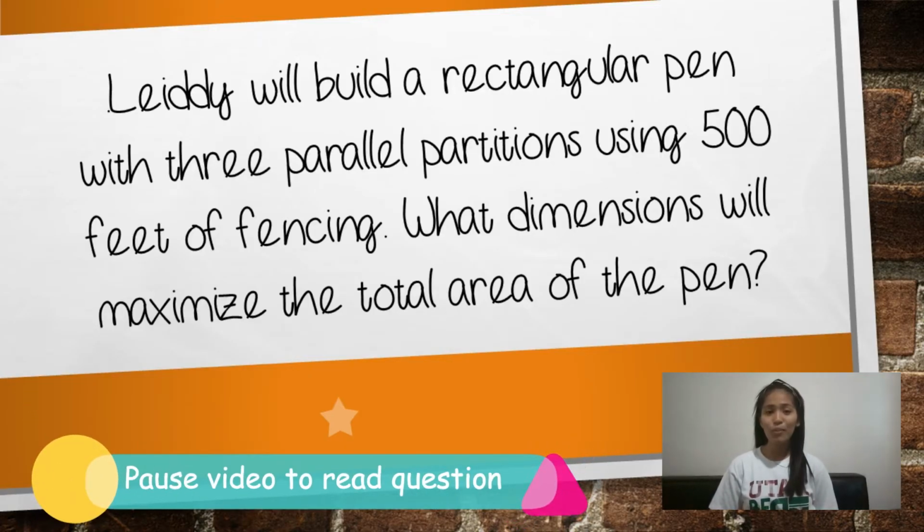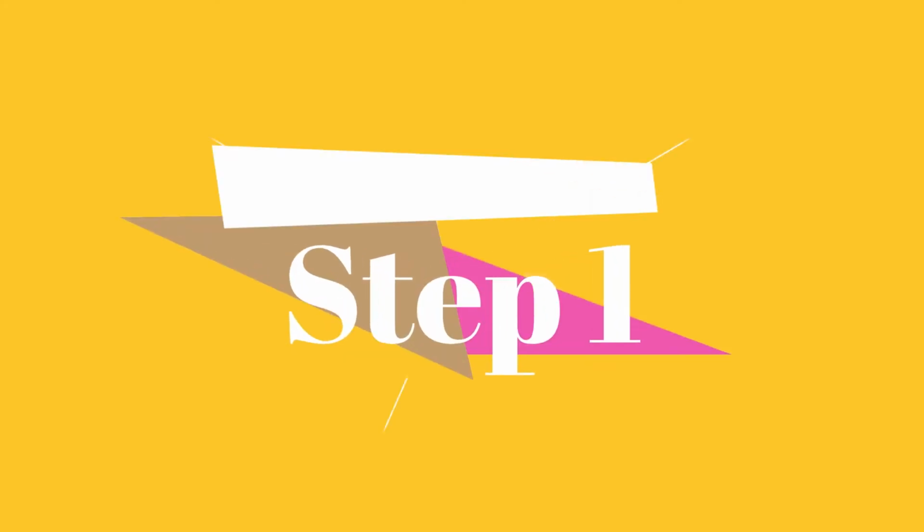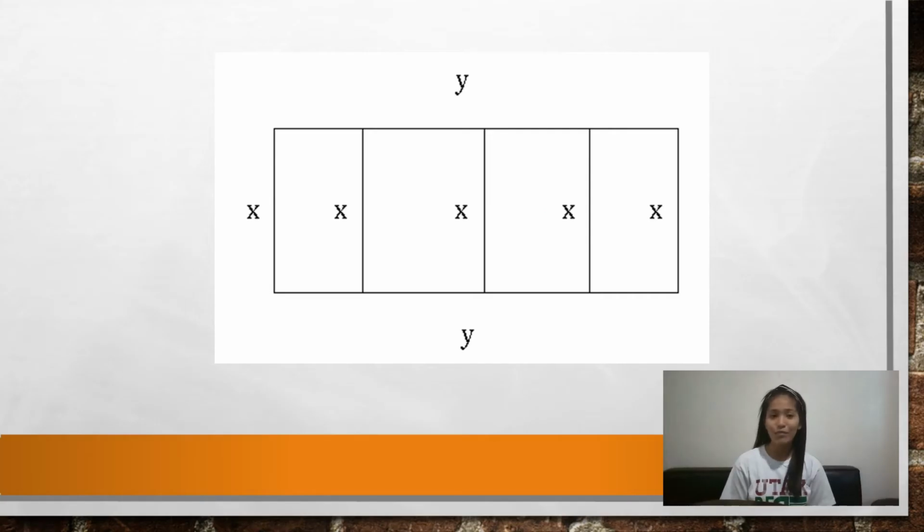In this problem, we are being asked to find the dimensions that will maximize the total area of the pen, having 3 partitions with 4 parts. In this figure, we can see that the pen is to be divided into 4 parts using 3 parallel partitions. Thus, we have 5 x's and 2 y's.